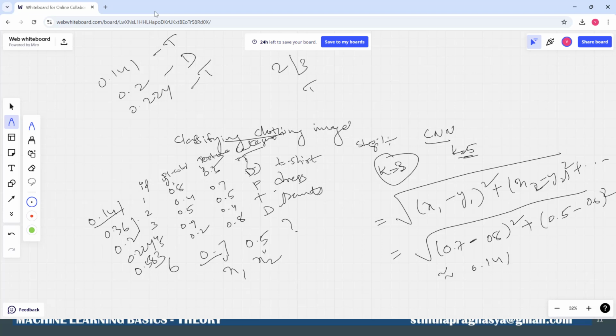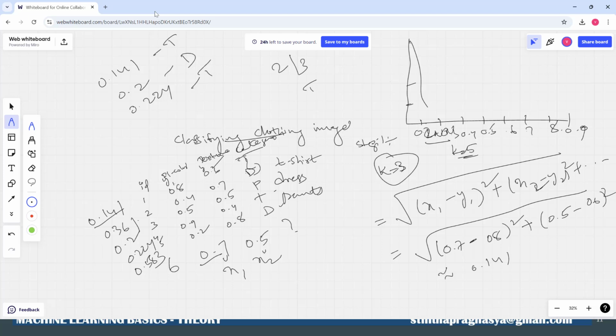Now this is all good, but if I have to put this on a graph, let me put it here. Okay, so let's assume this is my graph. On this axis we have 0.1, 0.2, 0.3, 0.4, 0.5, 0.6, 0.7, 0.8, 0.9.